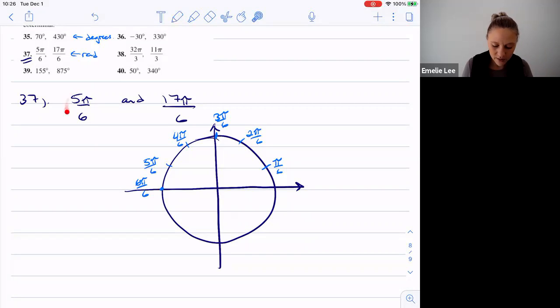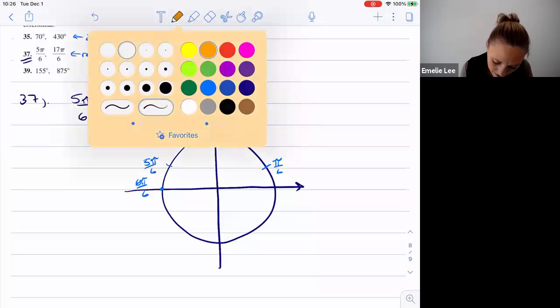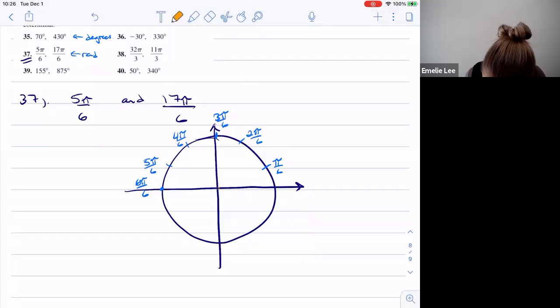Okay. So this first angle here, 5 pi over 6, remember radians is just the distance that subtends the angle. So what we can do is start here in the middle, and starting from this arm here, our angle 5 pi over 6, we can draw like this.